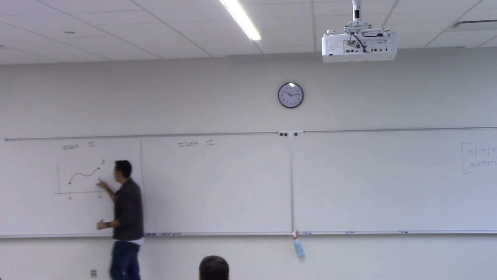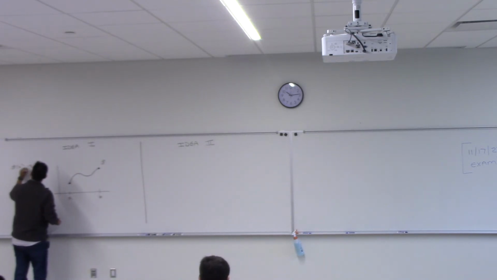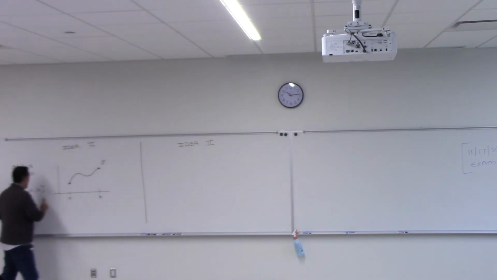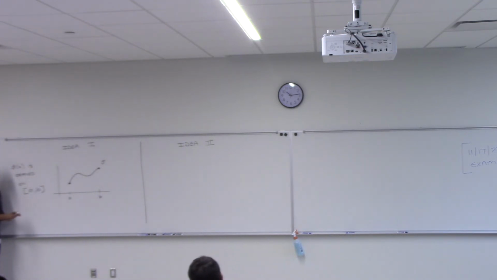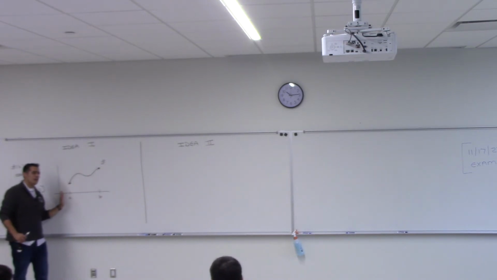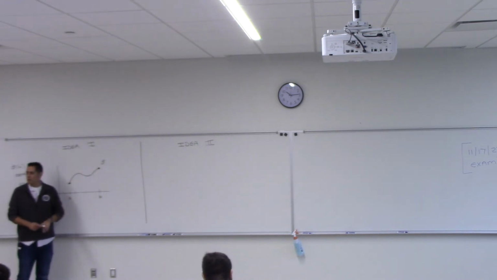This function, f of x, is defined on some interval [a, b] with brackets on the ends, which means that if you plug in a, you get a point. If you plug in b, you get a point. And if you plug in any number in between a and b, you get points, and you get this nice function, right?